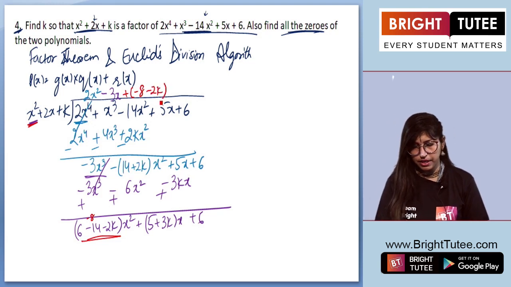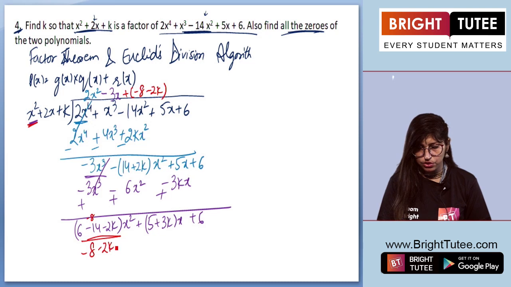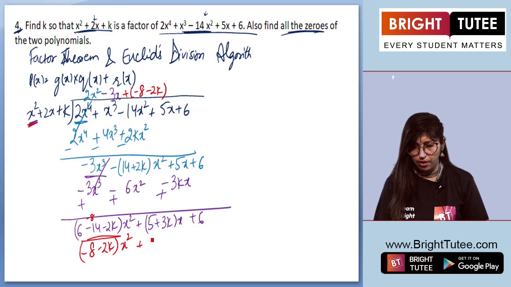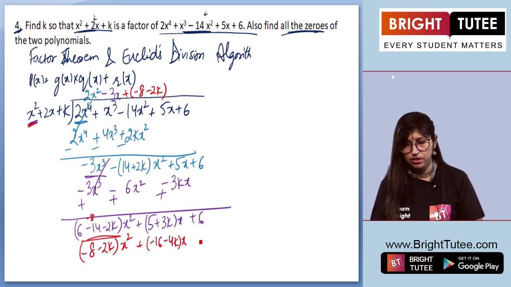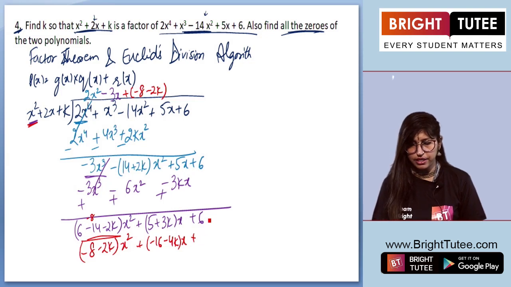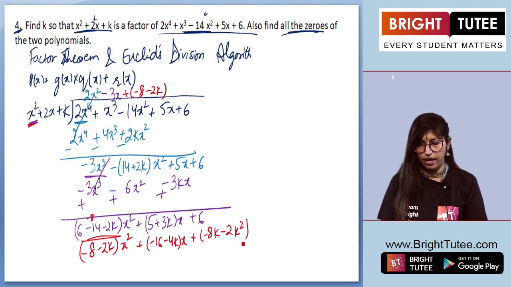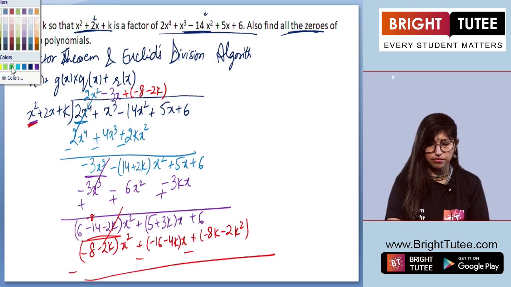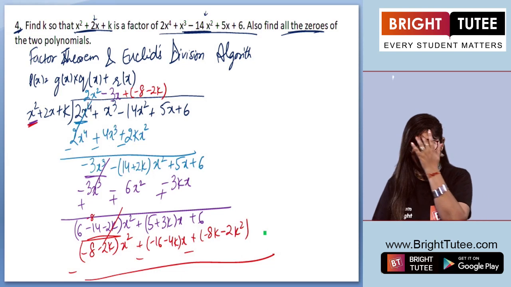We'll be doing the same thing: minus 8 minus 2k x square plus 2 multiplied by this, so I'll be getting minus 16 minus 4k x, plus multiplying it by k, so I'll be getting minus 8k minus 2k square. Now we will cancel that out. We will change the sign. We are left with the thing which we have.